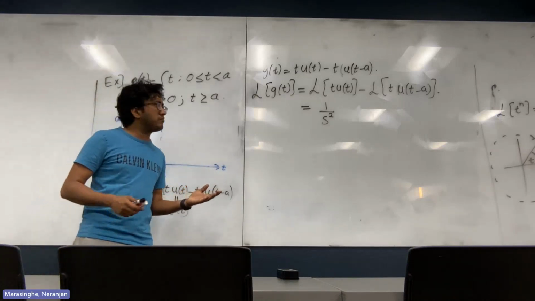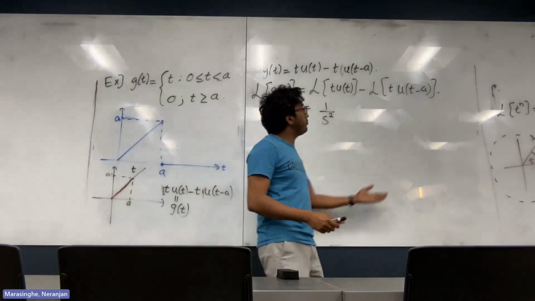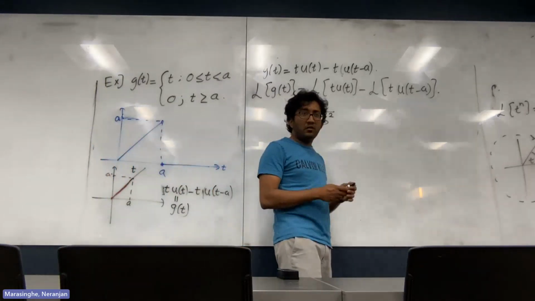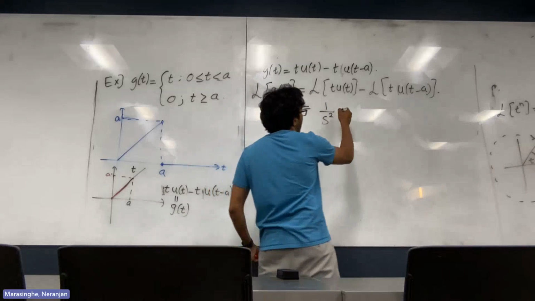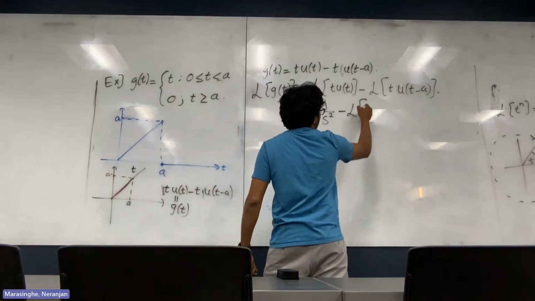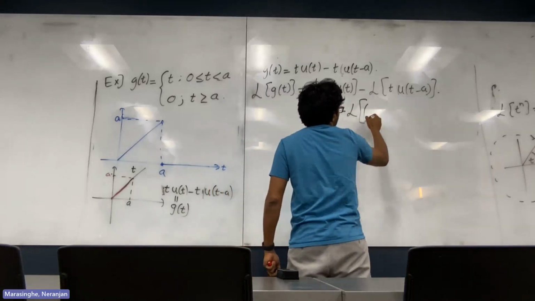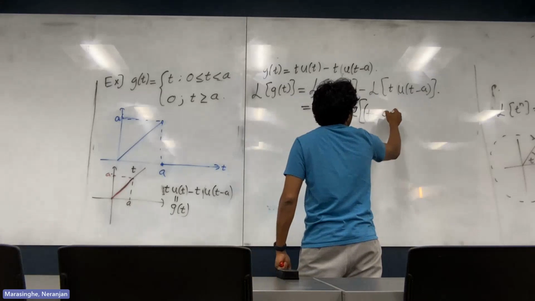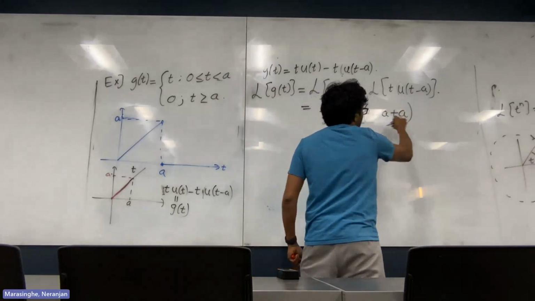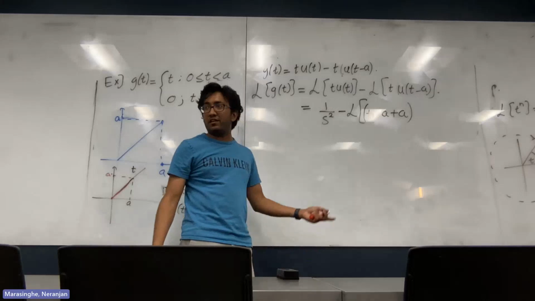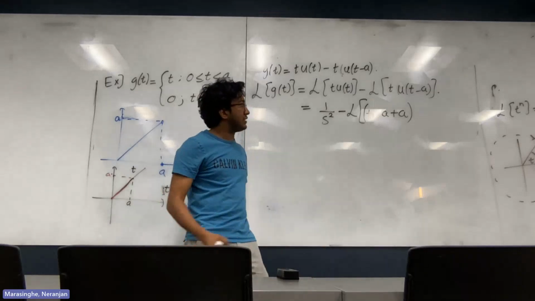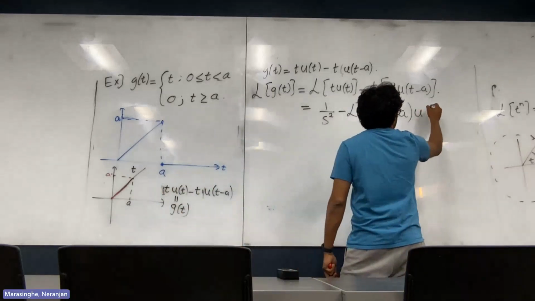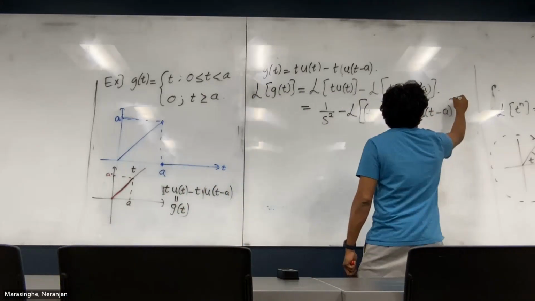So next, I'm going to make this t into t minus a by using some algebraic trick. Instead of t, I would write t minus a plus a, so still I'm having t. I replace t by t minus a plus a times ut minus a.